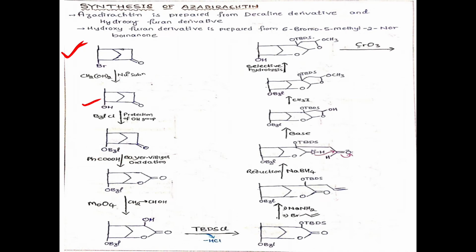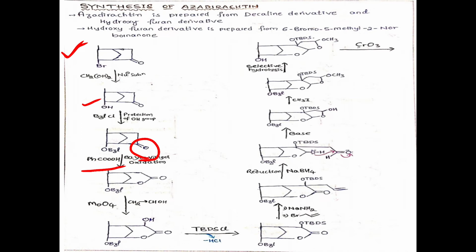This compound on treatment with perbenzoic acid undergoes Baeyer-Villiger oxidation because it is a cyclic ketone. Cyclic ketones on treatment with perbenzoic acid have an oxygen atom from the peracid introduced into the ring.